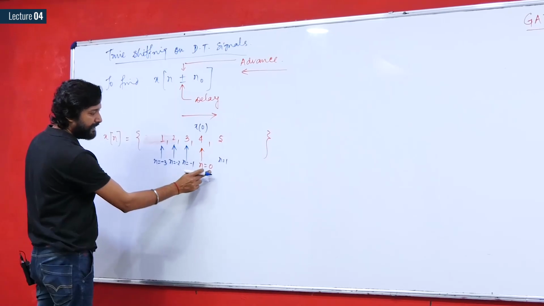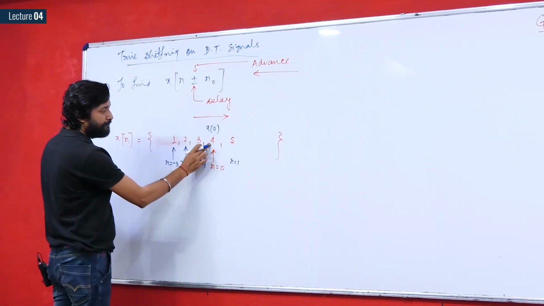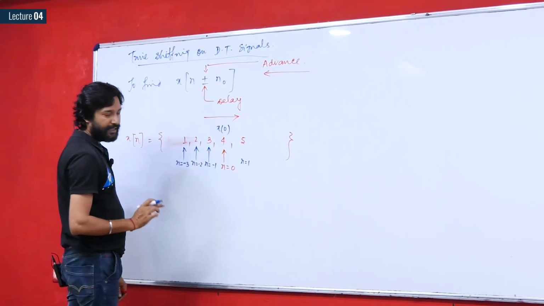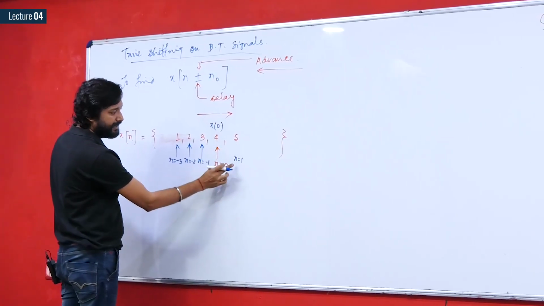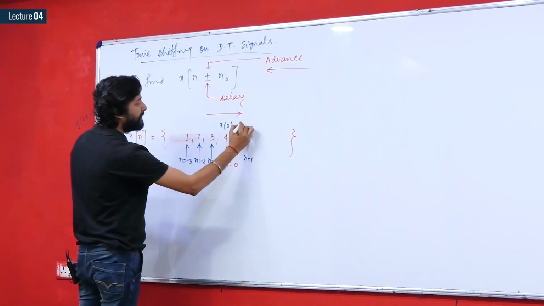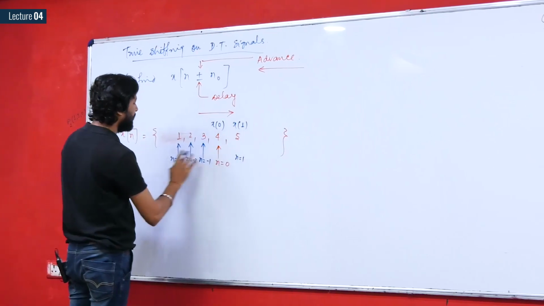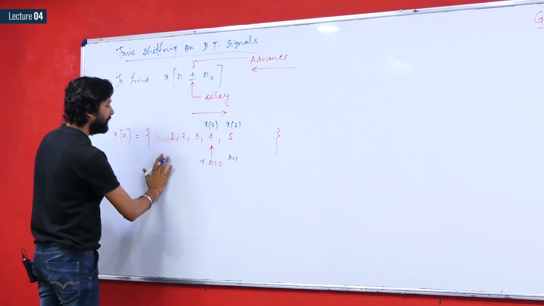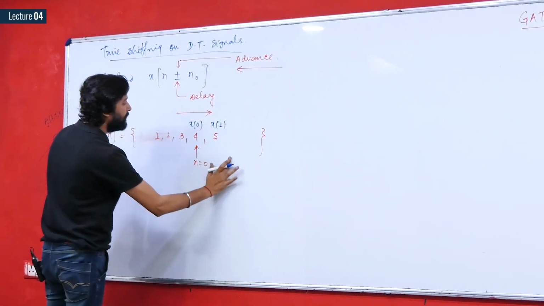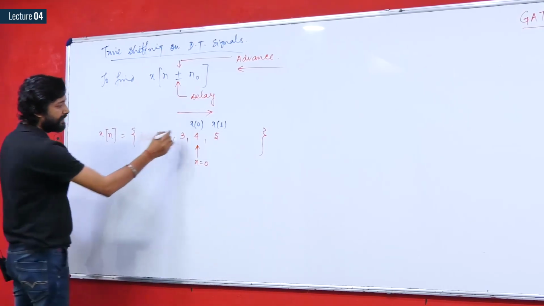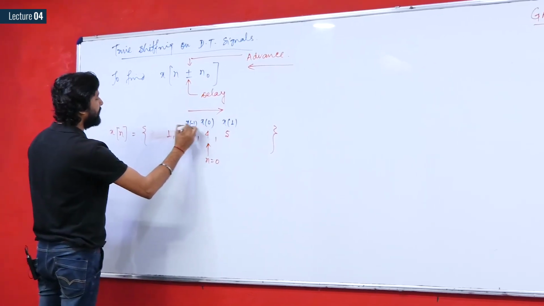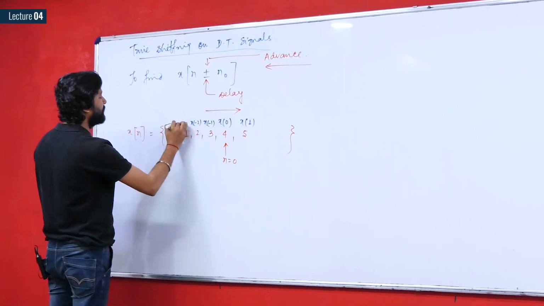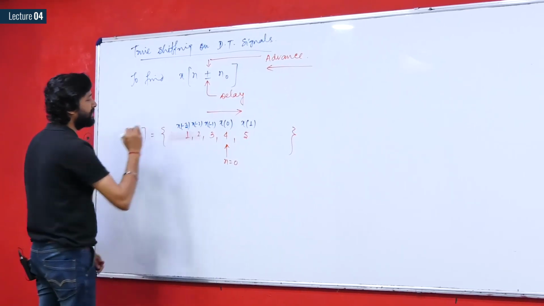So this sample is known as x of 0. It is the value of x of n at n equals 1, therefore this 5 can be called x of 1 and so on. This 3 can be called x of minus 1, it is x of minus 2, this 1 can be called x of minus 3 and so on.